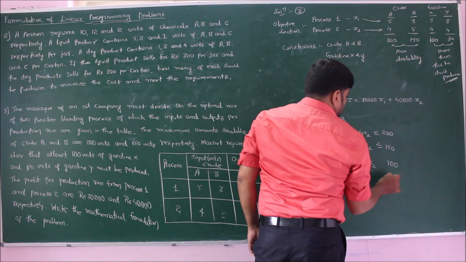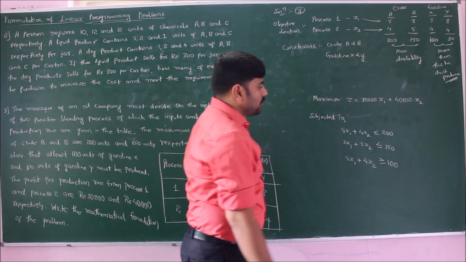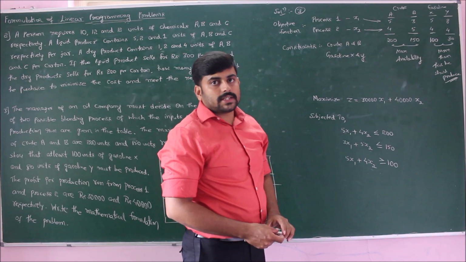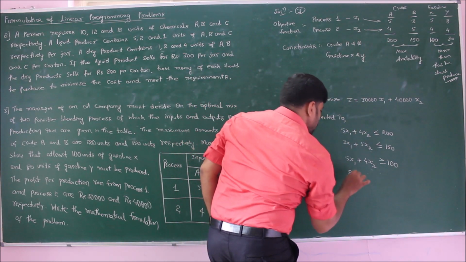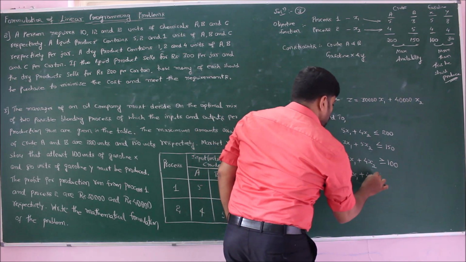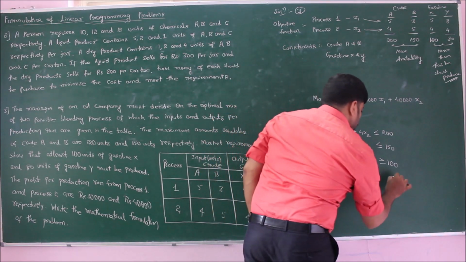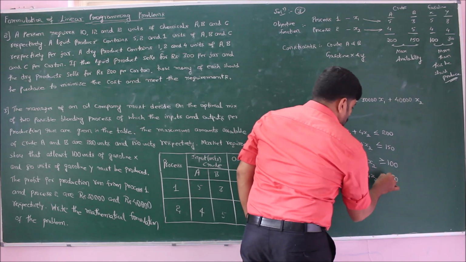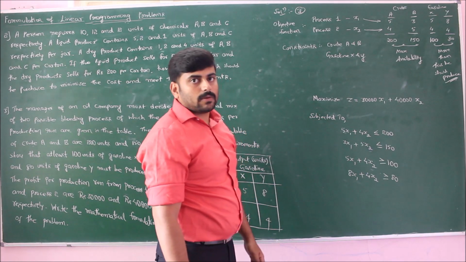He should produce a minimum of 100, so to be in profit he should produce 100 or more units of gasoline X. Coming to gasoline Y, 8 units are produced from process 1 and 4 units from process 2. To be in profit, he should produce 80 or more gasoline Y. So these are the constraints for this problem.